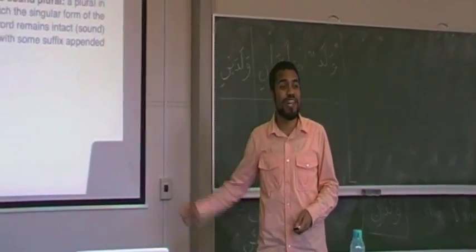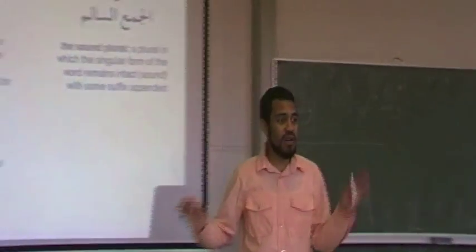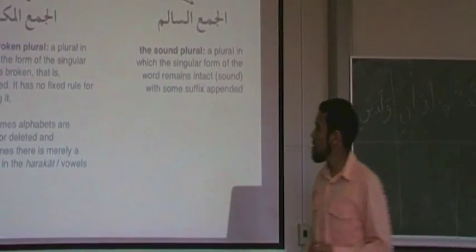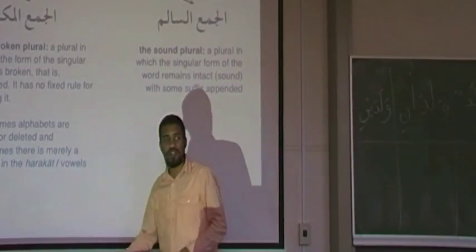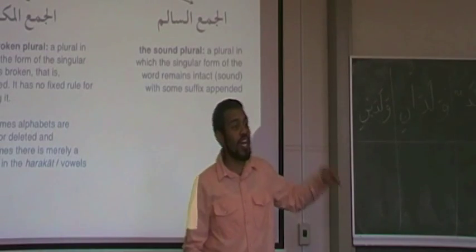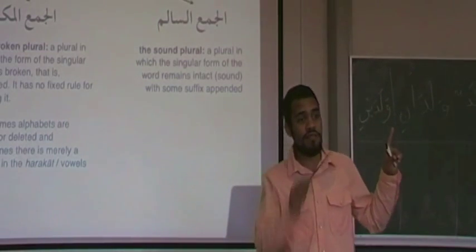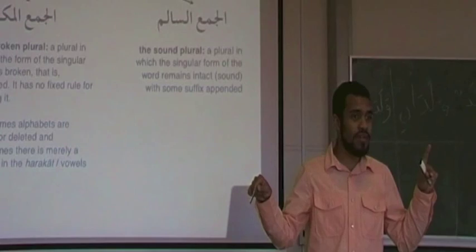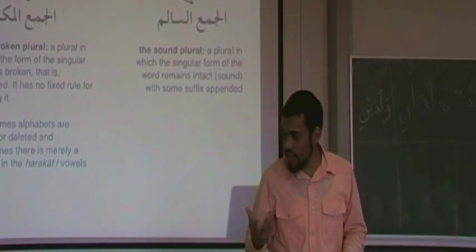We'll start off with al-jam' al-salim, the sound plural. Here, you've seen a letter added. Rajulun, rajulani, rijalun. We added an alif to the singular. Does that make sense? For example, wood.